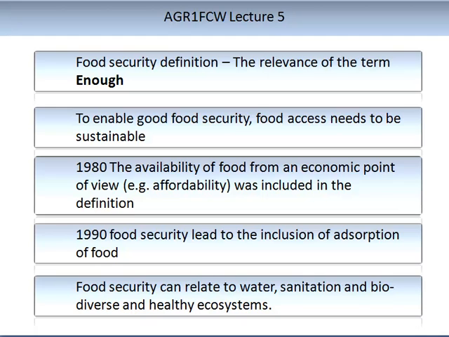Enough infers that access to enough food ensures good food security, and this is not necessarily the case. To enable good food security, food needs to be sustainable. Food security can relate to water, sanitation and biodiversity, and a healthy ecosystem.